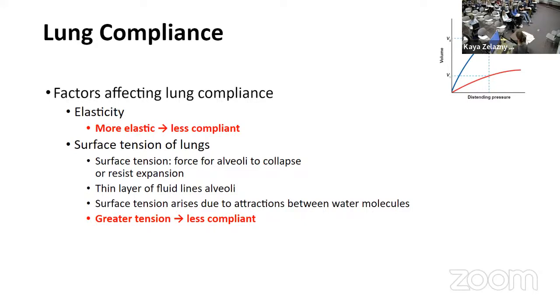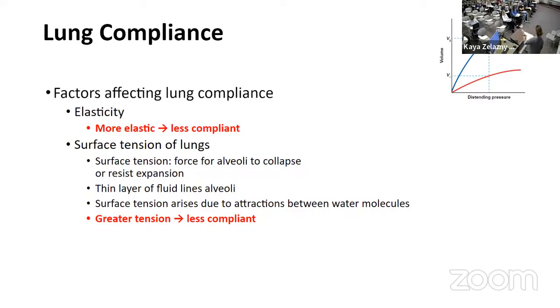The surface tension arises because you have some water in the fluid, and those water molecules are attracted to each other. Water molecules are attracted to each other because they're polar, they form hydrogen bonds, right? That's going way back to the beginning of this class or your previous classes, some chemistry properties of water.